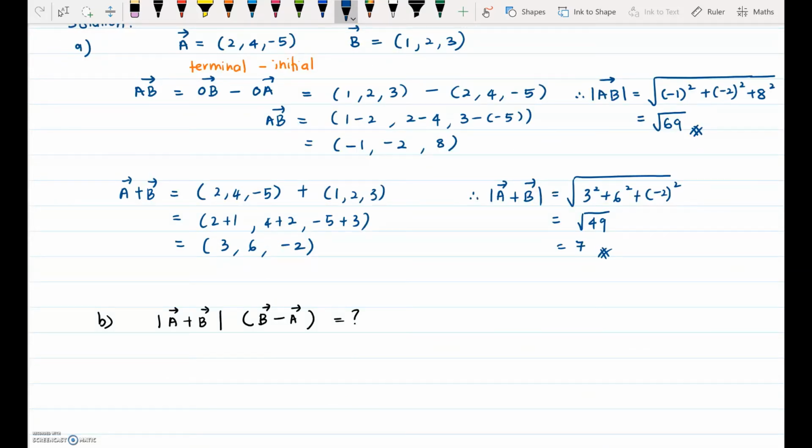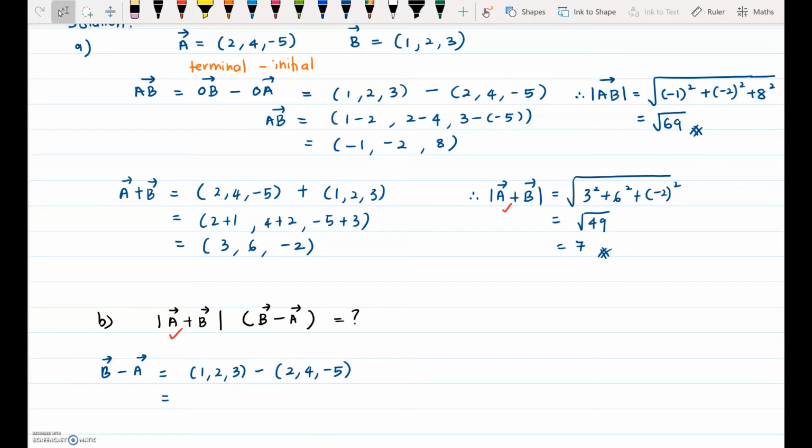Next we want to find the magnitude of A plus B times the vector B minus A. We have the magnitude of A plus B here, but first we need to find the vector B minus A. It will be 1, 2, 3 minus 2, 4, -5, which equals your AB, right?